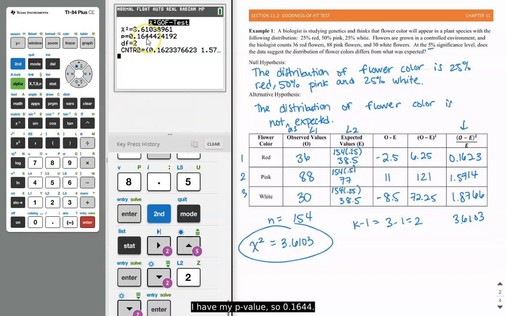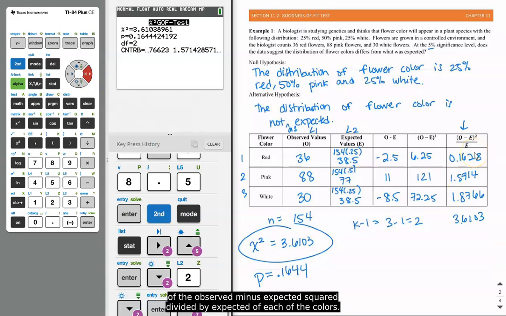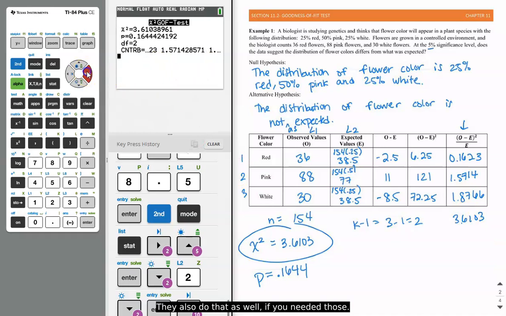I have p, my p-value, 0.1644. And if you look at these here, you'll notice that this information is actually each of the observed minus expected squared divided by expected for each of the colors. So they also do that if you needed those.